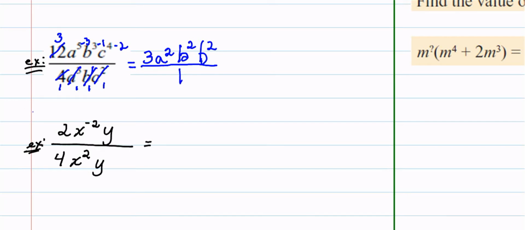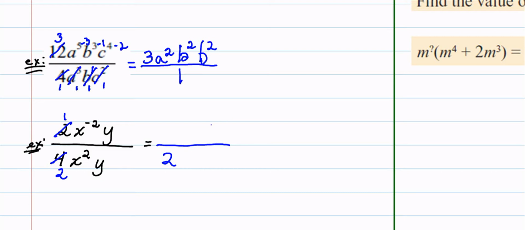Of course, we can go to the coefficients first. 2 cancels with itself, right? It gives me a 1 there. 2 goes into 4 twice, leaving me with a 2 in my denominator for my numerical part. Now, out of negative 2 and positive 2, negative 2 is smaller, right? So remember, the smaller one travels to the other side of the fraction bar and gets subtracted.